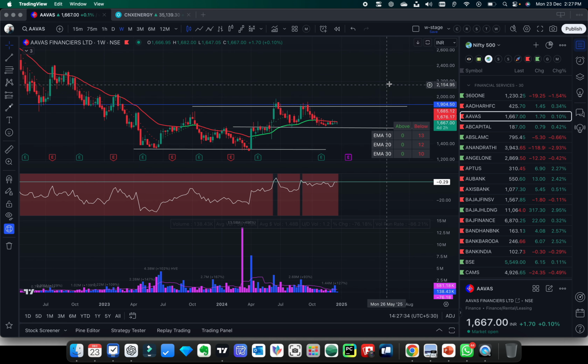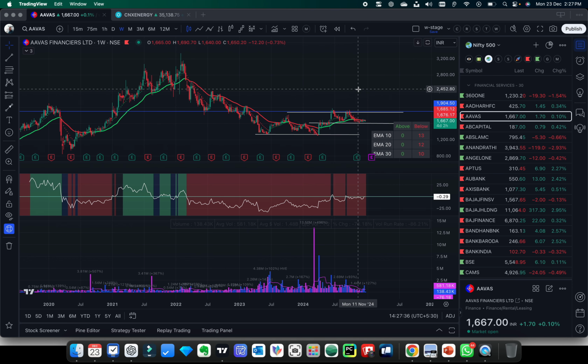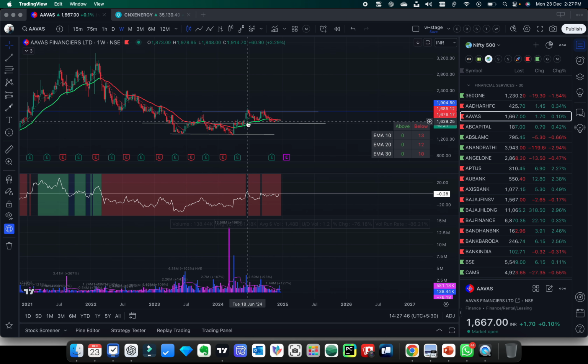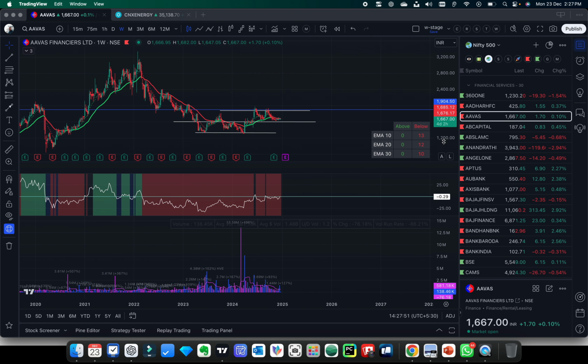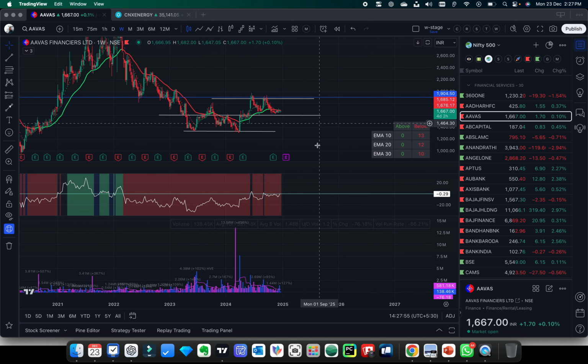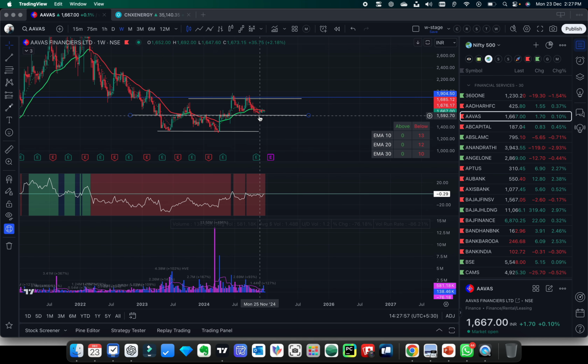See, on the weekly time frame it is in the downtrend, there is a support, and then it has broken out and it is again taking support. So ideally this stock is in stage 2 and taking the support here, but it is still underperforming the Nifty.